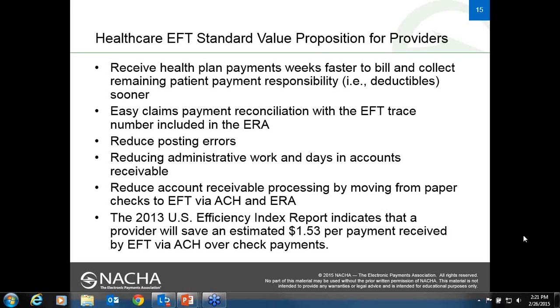And then there's actual specifics from the 2013 CAQH U.S. Efficiency Index report that states from a provider's perspective, they estimate that you save $1.53 per payment, and from an industry perspective, they're looking at $1.98 per payment.